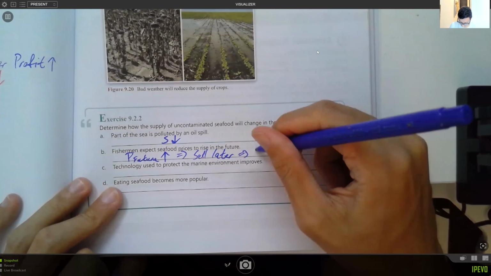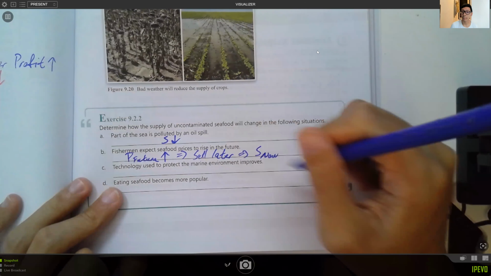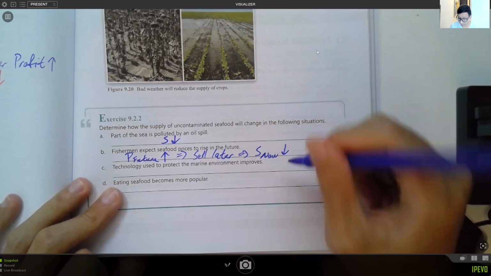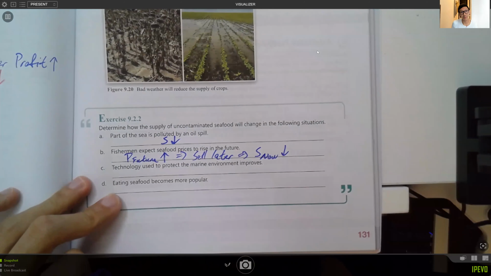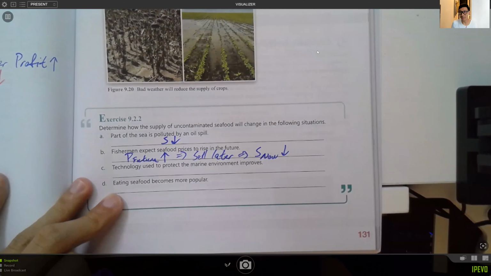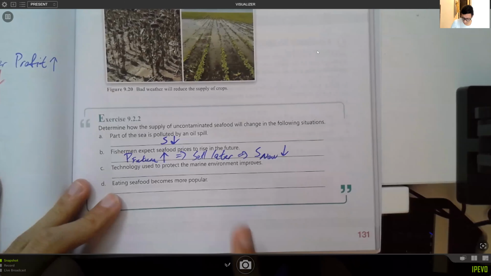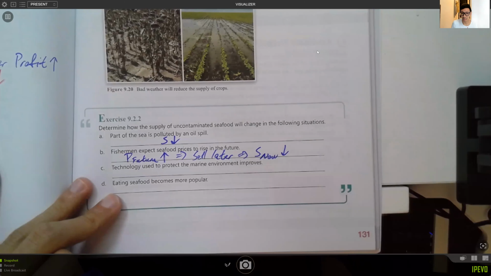Therefore, the present supply of uncontaminated seafood would decrease. 第時先賣貴啲啊嘛。Of course, in reality, I don't know whether it works or not because you know seafood, right? They will get rotten very quickly，會變壞，所以我唔知呢件事會唔會啊。But using DSE logic, it should go like this, right?